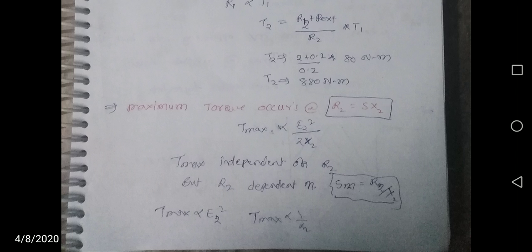But the slip at maximum torque depends on rotor resistance: the maximum slip is proportional to R2 by X2. Maximum torque is proportional to E2 square.